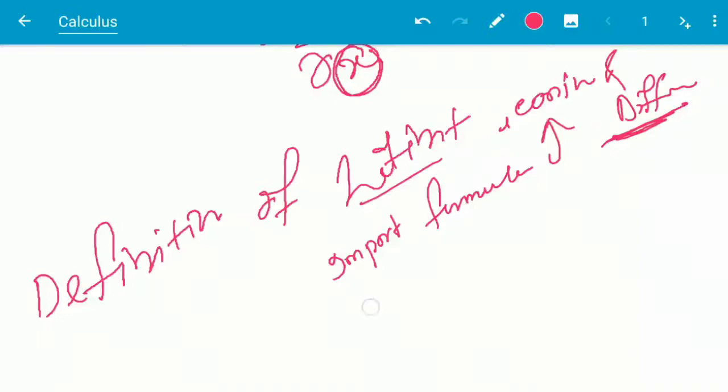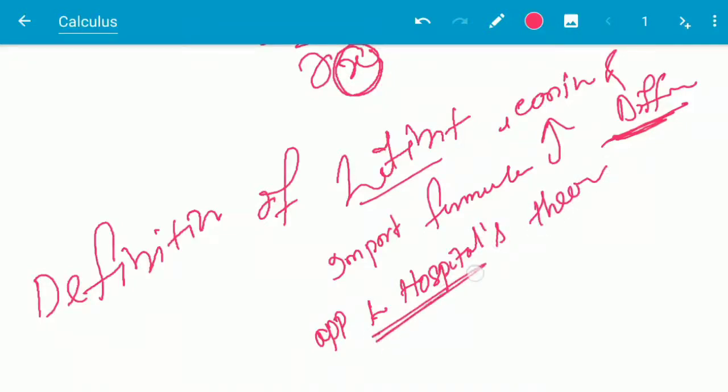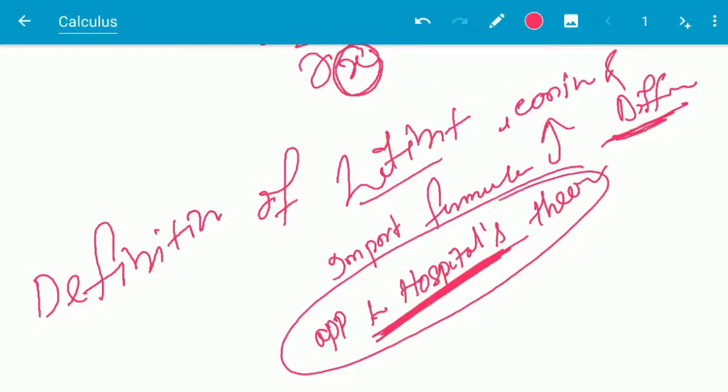And then the most important point from calculus is L'Hospital's theory and applications of L'Hospital's theory. Some call this L'Hopital's theory. I am calling it L'Hospital's theory, and this is the most important from calculus. And then comes Euler's theorem.